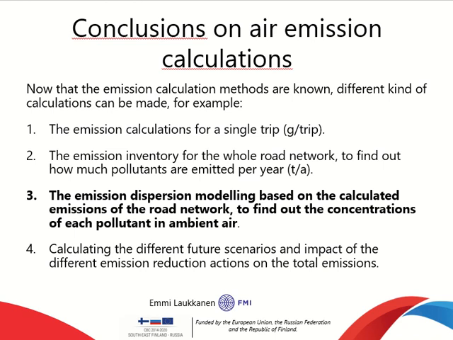Points 2, 3 and 4, I think, would be quite interesting for emission inventories, and the air quality dispersion modeling results would be interesting for the authorities and for city planning purposes.